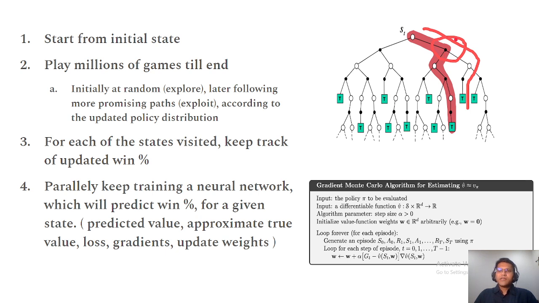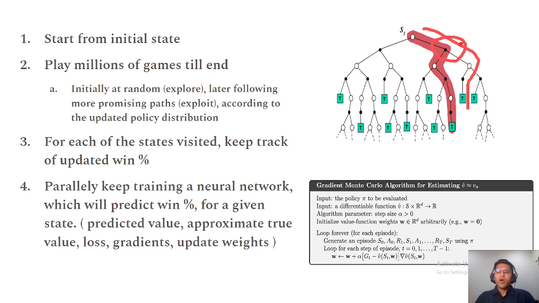For example, in chess, games which start with moving the center pawns result in better win percentages than moving the edge pawns or rook side pawns. That information is obtained by playing some initial random games, and as you progress you exploit the more promising paths and play more games with that opening.